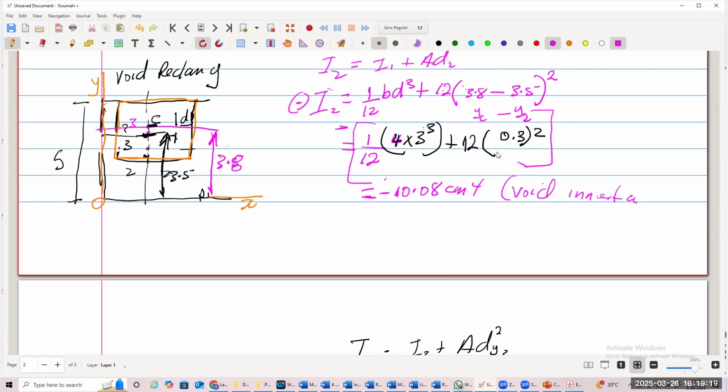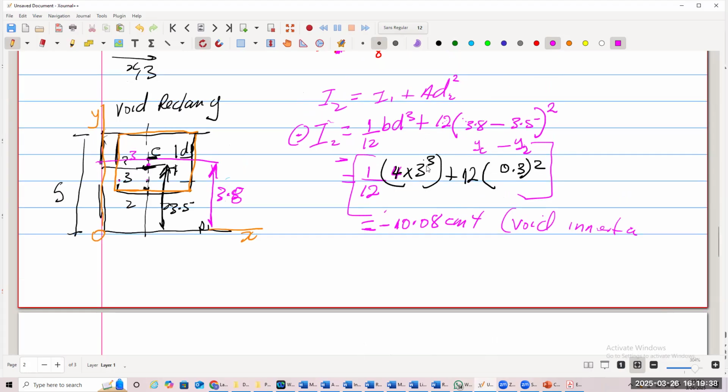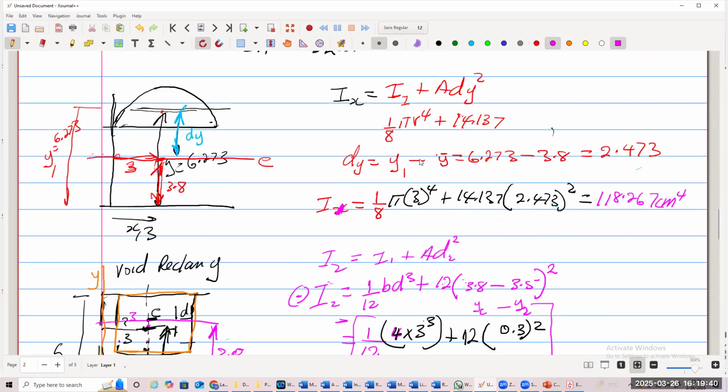What did you get? 9. When you did the first part, how much did you get? This first bit there. Yeah, 9 plus 9. So you get 10.0. Okay, I see it. All of that is negative.